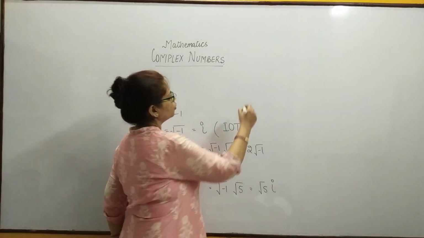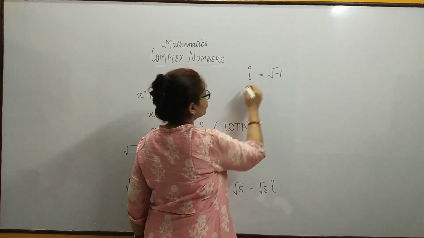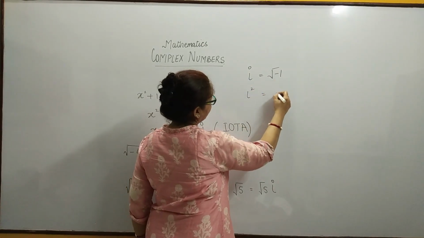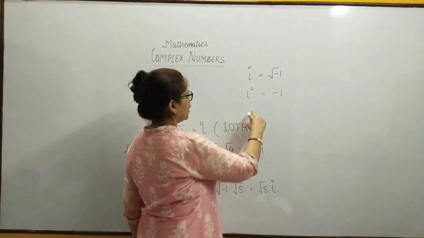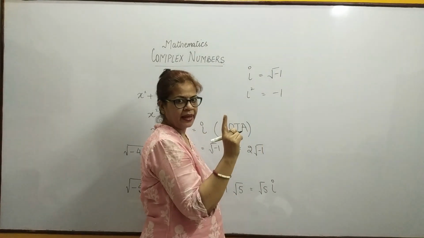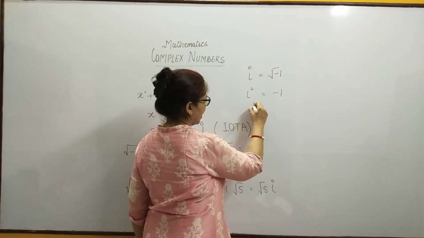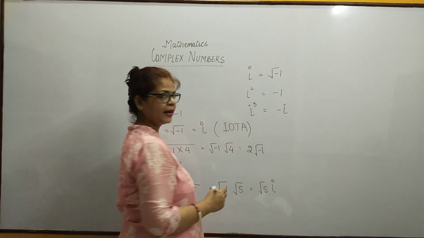Now, as you know, i is equal to square root of minus 1. So, if I square both the sides, we will get i square is equal to minus 1. If we multiply by i on both sides, we get i cube is equal to minus i, right?